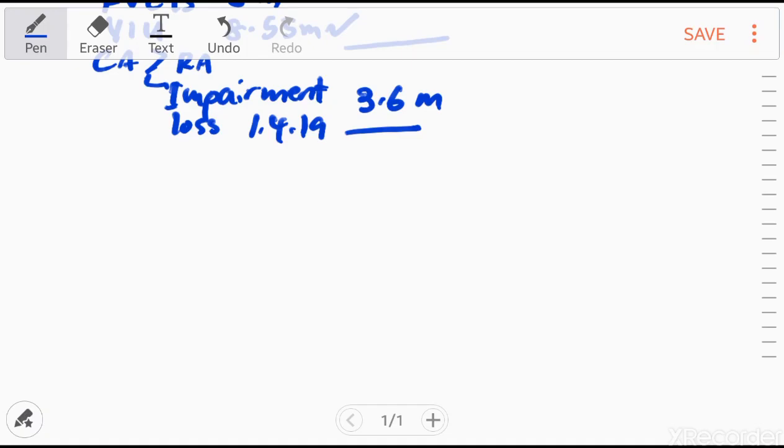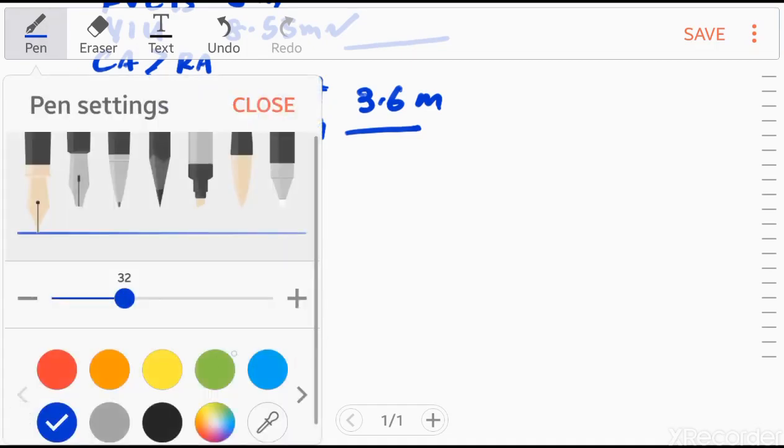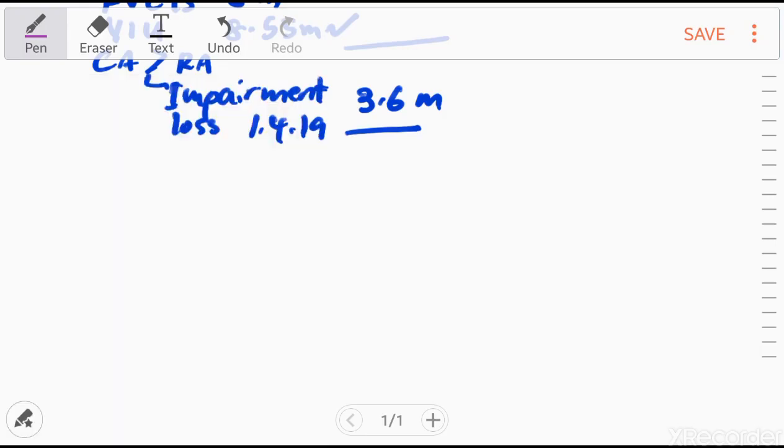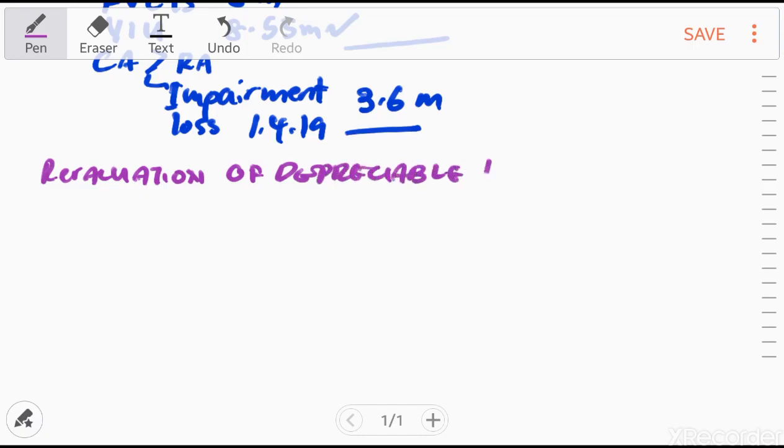So this one is another revaluation, but this one is a revaluation of depreciable PPE. Okay, the question asks you to do the journal, so I will work out the workings for you and then we'll do the journal.